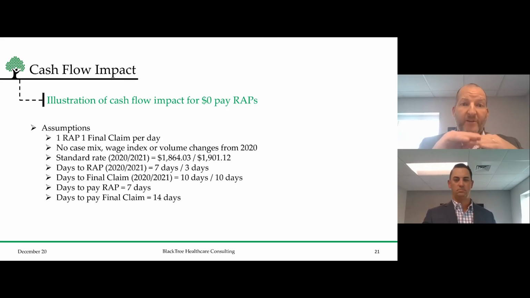No case mix, wage index, or volume changes for 2020. We're going to use the standard rates for Medicare for last year and this year. Days to wrap, we're going to say 7 days in 2020. That's going to change to 3 days starting next year. Days to final claim is going to be 10 days. Days to pay the wrap is going to be 7 days, and days to pay the final is 14 days.